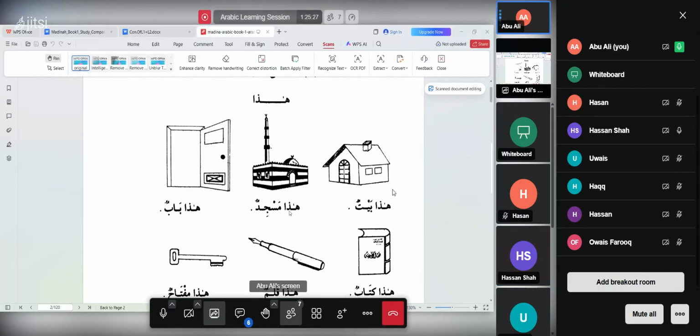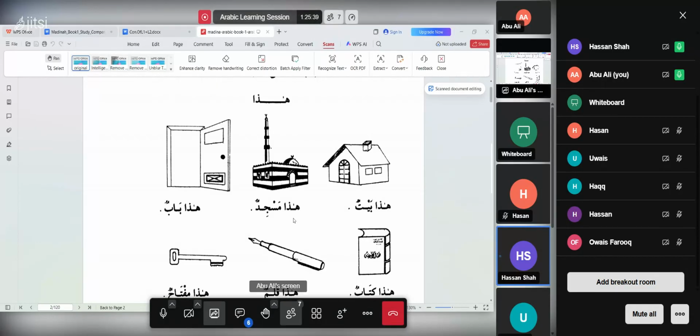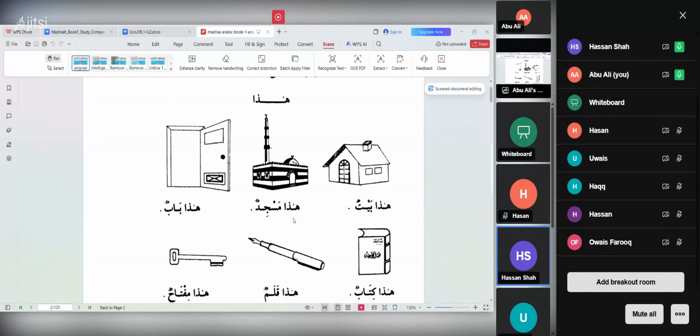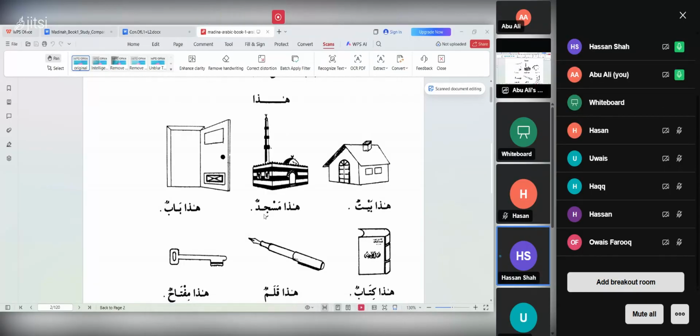Okay, هذا is a predicate or a subject? So they're both nouns. Yes, both nouns. The subject is هذا. أحسنت. Excellent. And masjidun is the predicate. Yeah, that's correct. Which one is definite? Which one is indefinite?